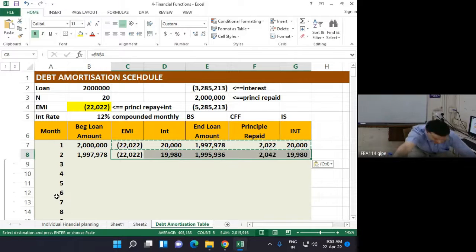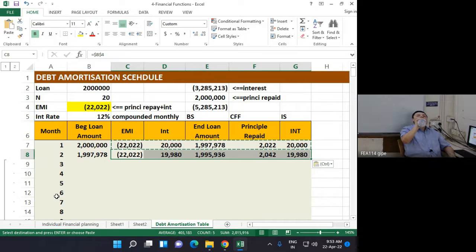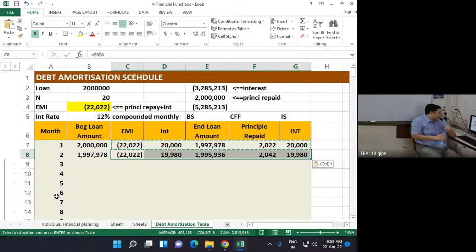Principal repaid का number match होना चाहिए. Okay, repaid principal is matching.